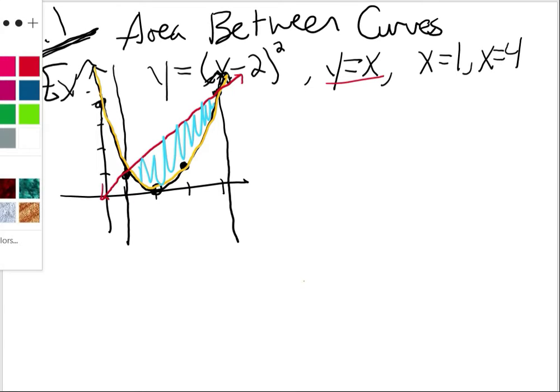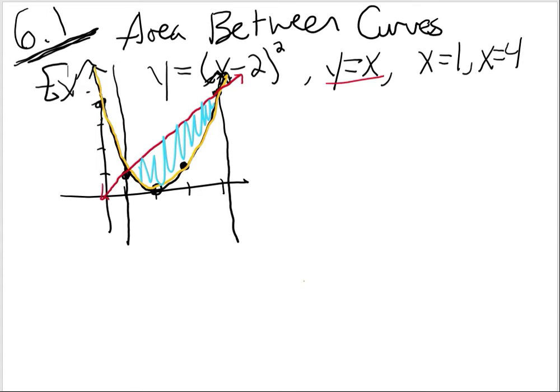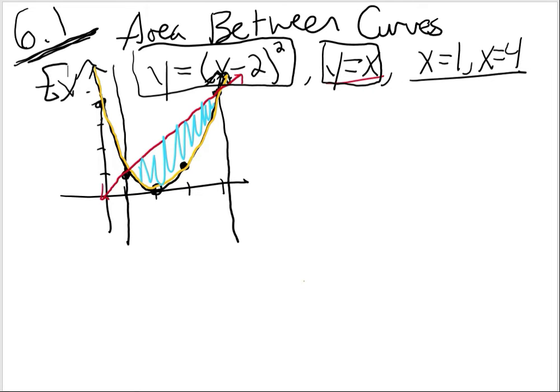So to use the idea that I just talked about, we have to say, okay, first of all, what's my function on the top? Well, that's y equals x. What's my function on the bottom? It's y equals x minus 2 quantity squared. And then what are my bounds of integration?